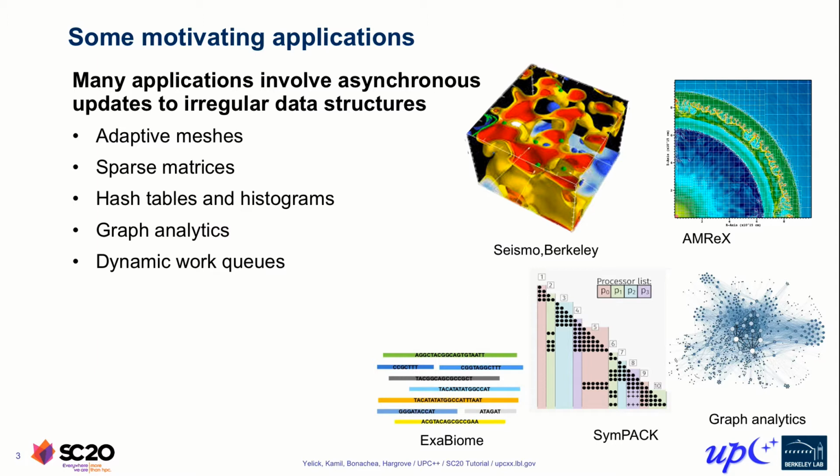You might have adaptive meshes in which you're updating boundary regions in neighboring meshes, sparse matrices that are data dependent in terms of the pattern of communication, hash tables and histograms that need to communicate data to other processors based on the value of the key that's being hashed or counted, graph analytics, where the structure of the data is really what you're trying to understand in that analytics application, and dynamic work queues that are used for dynamically load balancing tasks in a parallel application.